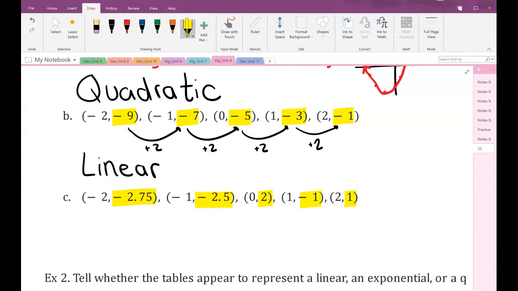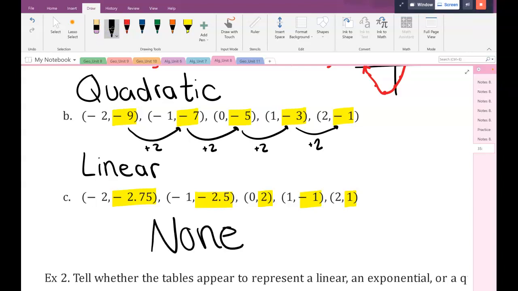We don't have anything that's exponential either, because when we divide, we're not multiplying by the same amount each time. It's not increasing quickly, or it's not decreasing quickly. So it's not linear, it's not exponential, and it's not quadratic. So this would just be a bunch of points. It doesn't have a name to it. So we'd say none.